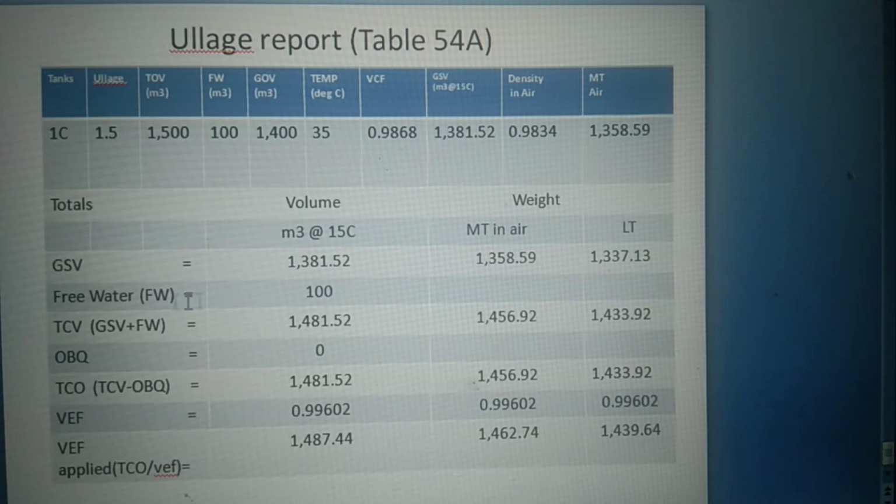Okay guys, our weight quantity in metric tons air is 1358.59 metric ton in air. In order to get into long ton, you will multiply this metric ton air by 0.984206.